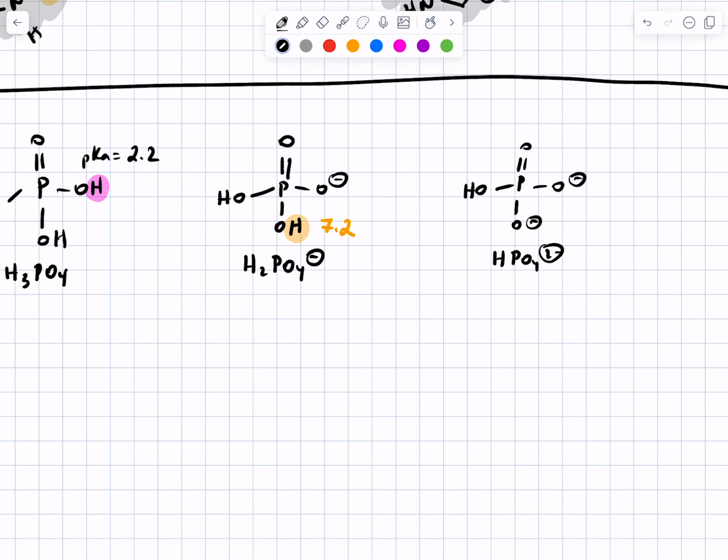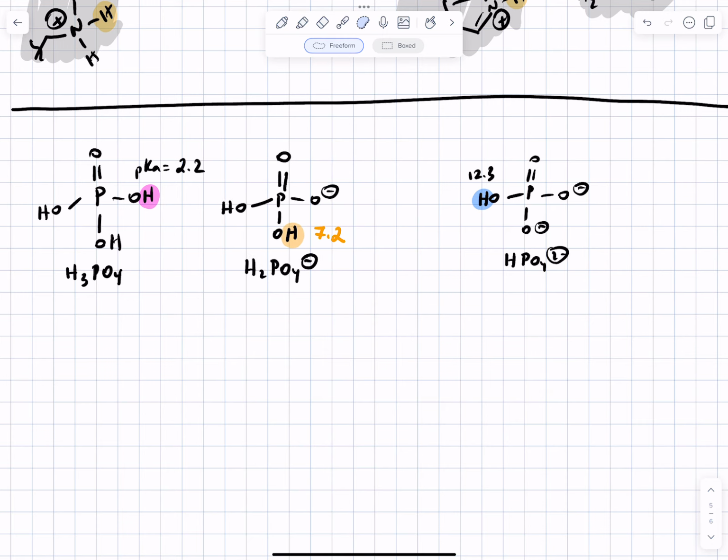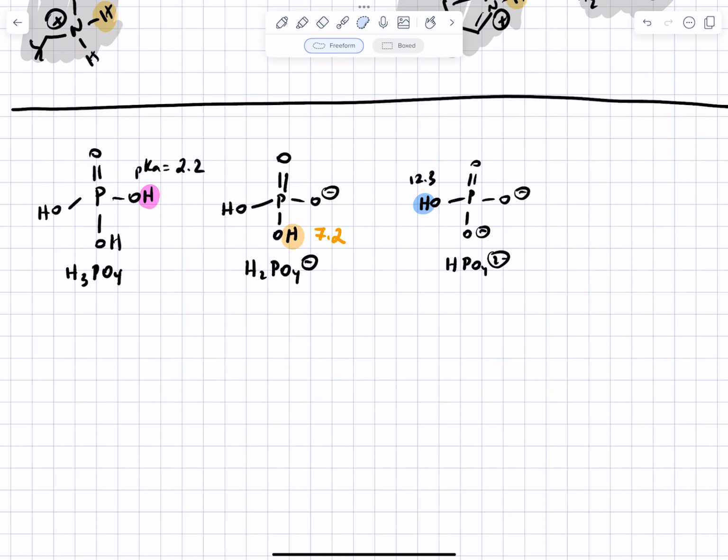That last pKa, should have brought my reading glasses today, for the final proton is actually pretty high. It's around 12. I need to slide some things over. And so the final, just phosphate anion, PO4 3 minus, is that structure.